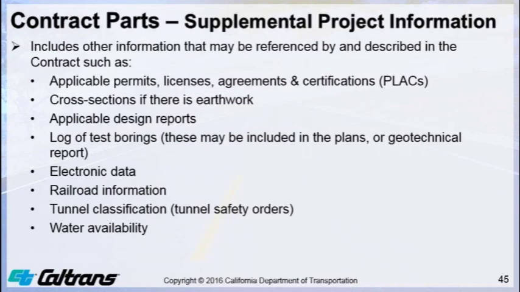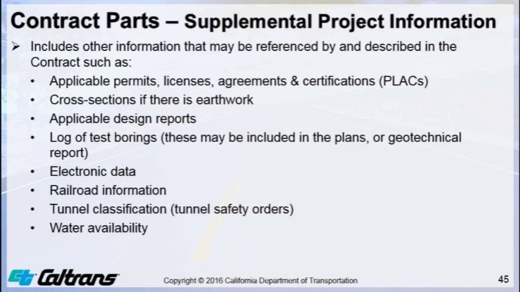Supplemental project information may include other information that is referenced and described in the contract, such as applicable permits, licenses, agreements, and certifications, also known as PLACs, cross-sections if there is earthwork, applicable design reports, and log of test borings. These may be included in the plans or geotechnical report.